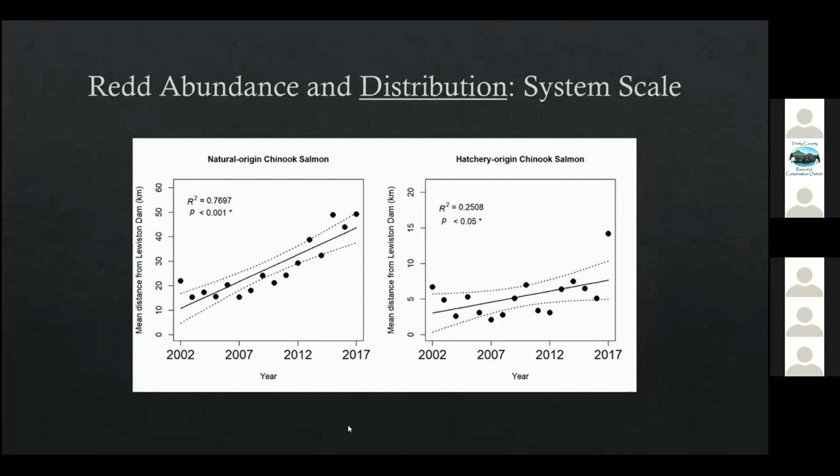And as far as the gravel augmentation this year, yeah, there seems to have been quite a response to that new gravel put in. In fact, the crews mid-season had to stop counting redds because it just got indistinguishable.